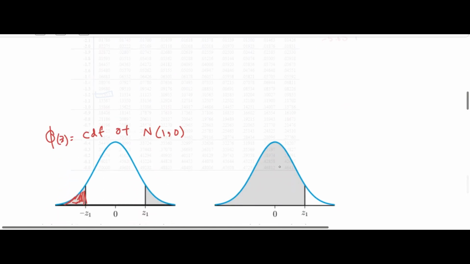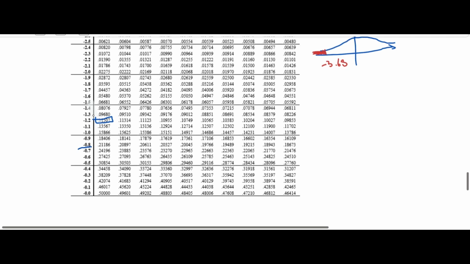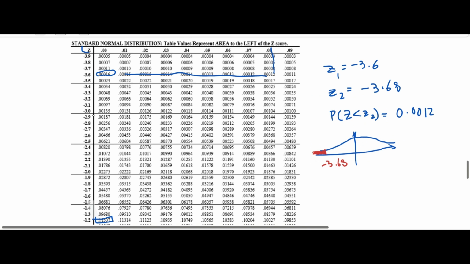So let's go back. Negative 0.8, look up, and I need 6, 7. I have the option of 6 or 7, and I think my number is closer to 7.